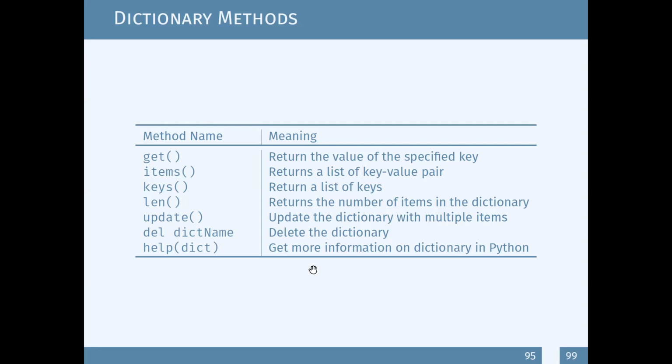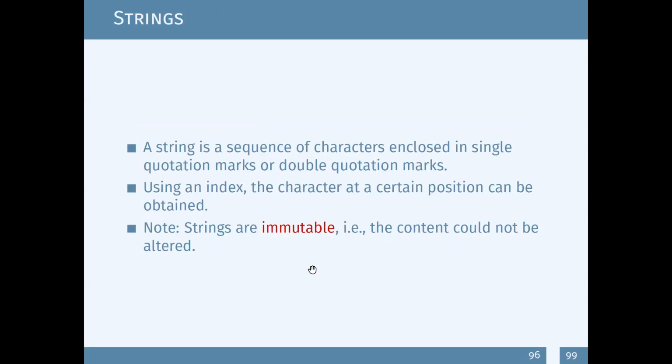We can see the next one, we are going to have a small discussion on strings. Now, string is a special case. We know the string consists of a sequence of characters, and you can use a single quotation mark or double quotation mark.